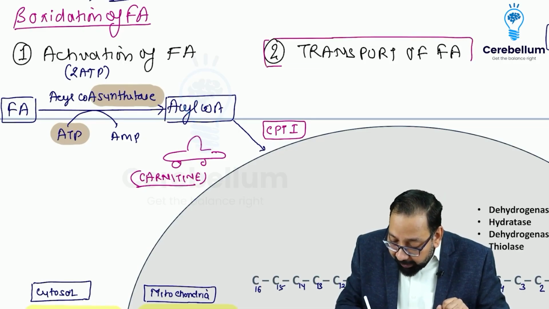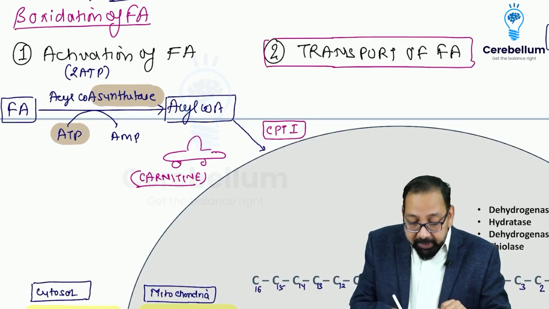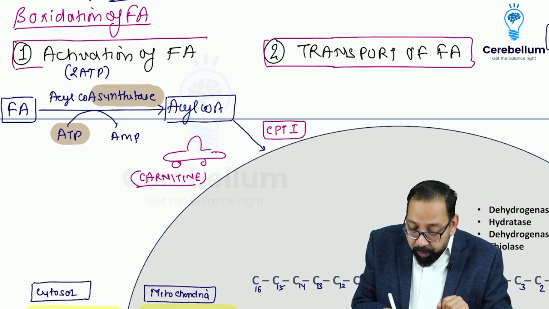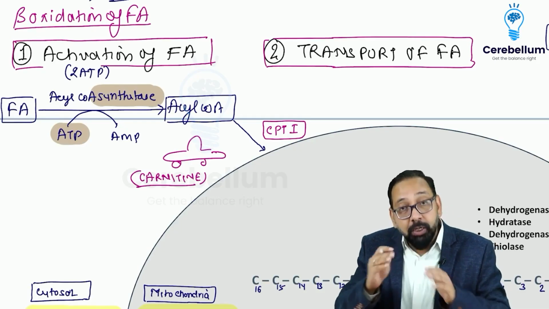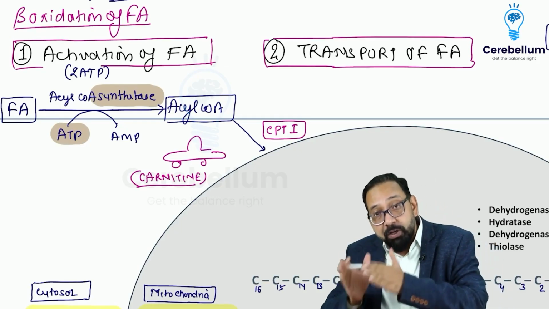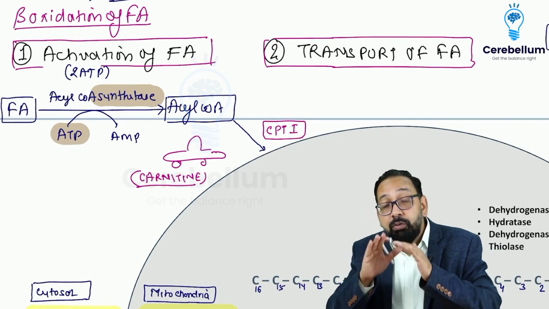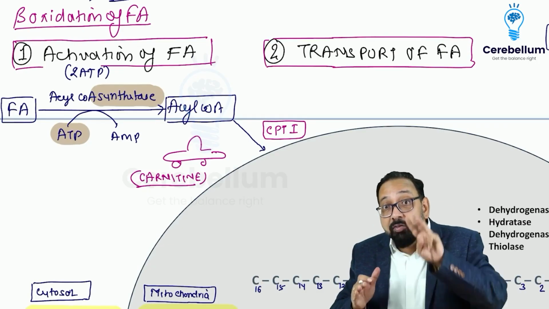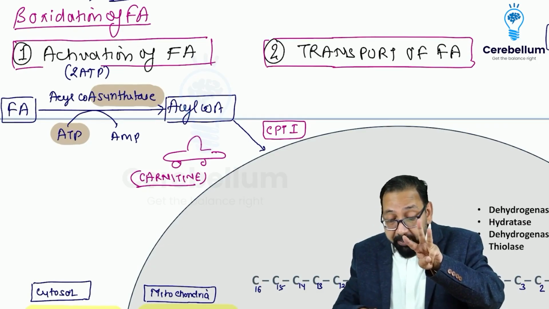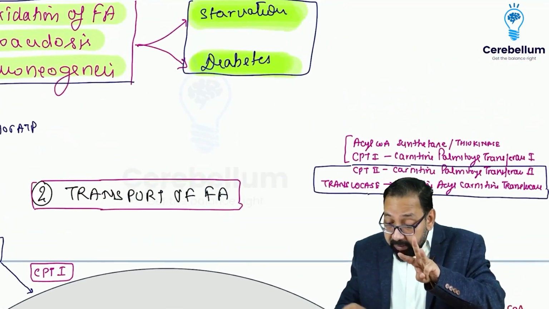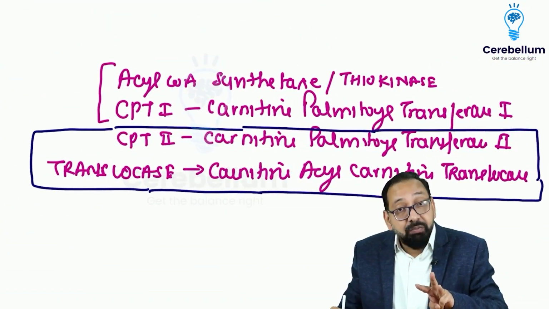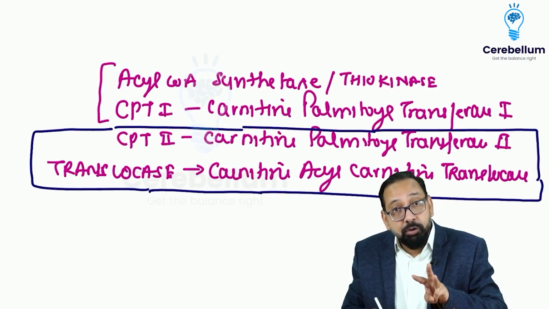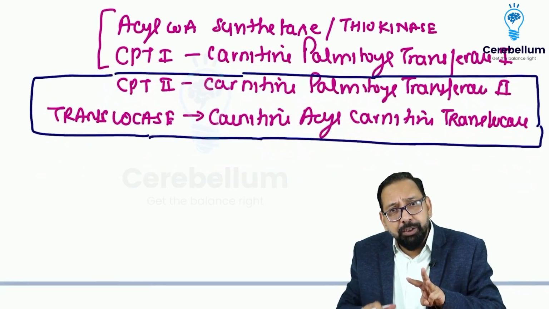So we are doing transport of fatty acid. First of all, we activated this fatty acid; in activation, 2 ATP were used. Now we transport it from cytosol to mitochondria, and for this we require 3 enzymes: CPT1, carnitine palmitoyl transferase 1, CPT2, carnitine palmitoyl transferase 2, and carnitine acyl carnitine translocase.